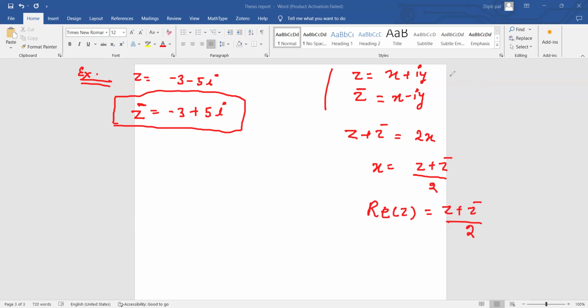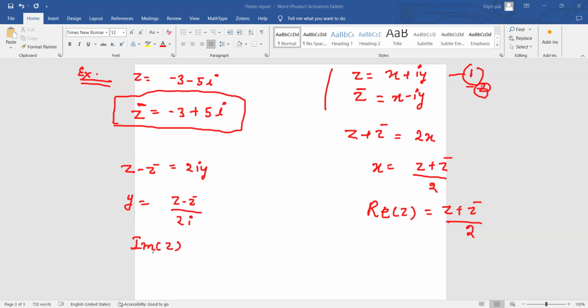Likewise, if we subtract these two, then what do we get? z minus z bar equals 2iy. So the value of y will be z minus z bar upon 2i. It means y is the imaginary part of z.